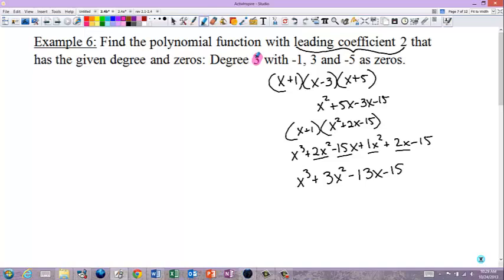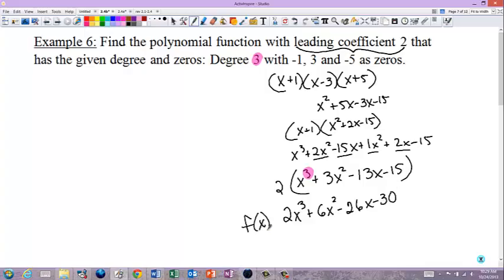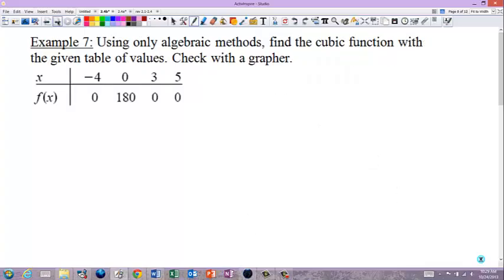Well, degree 3, check. Leading coefficient 2, no. Right now it's a 1. So if I multiply the entire thing by 2, which just stretches it vertically, it's not going to change the zeros, then I now have a polynomial function with leading coefficient 2.